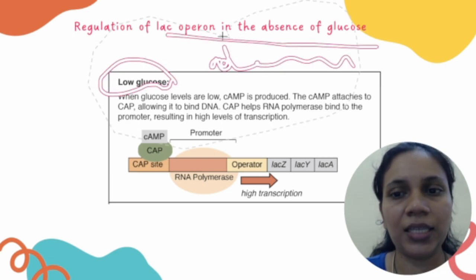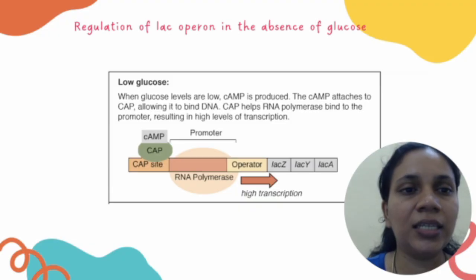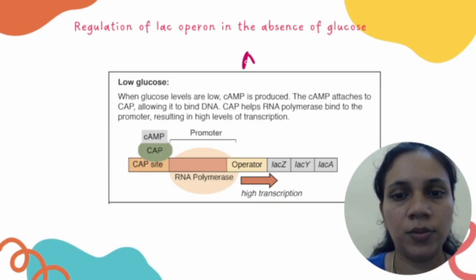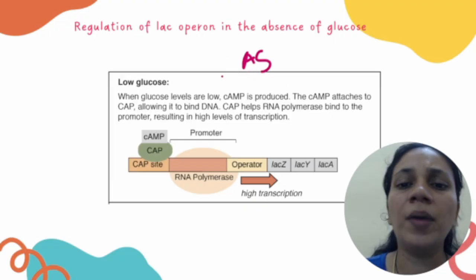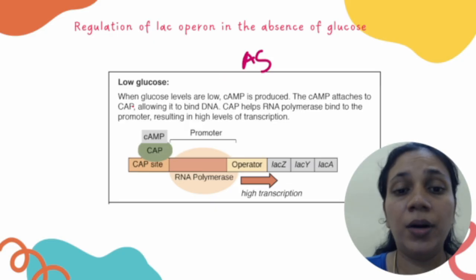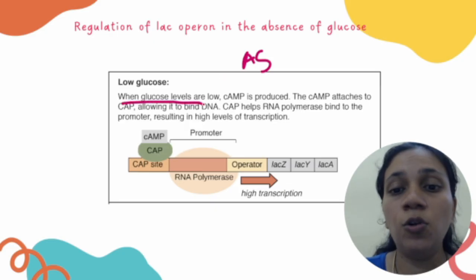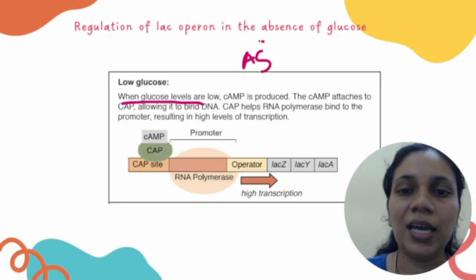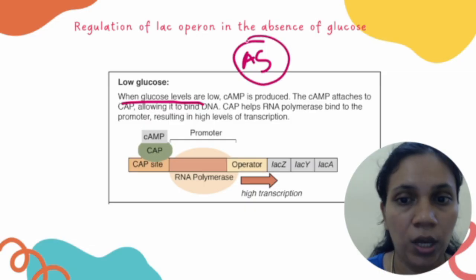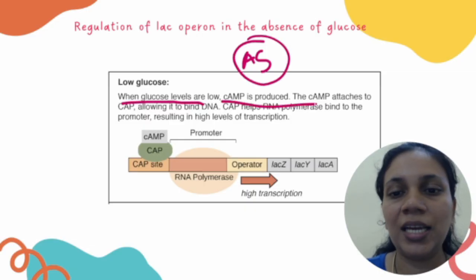This adenylate cyclase produces cyclic AMP from ATP. When the glucose levels are low, this adenylate cyclase is active and it produces this cyclic AMP from ATP.